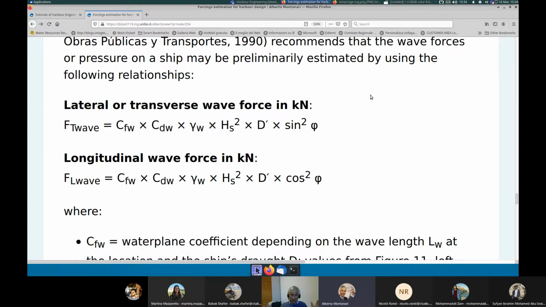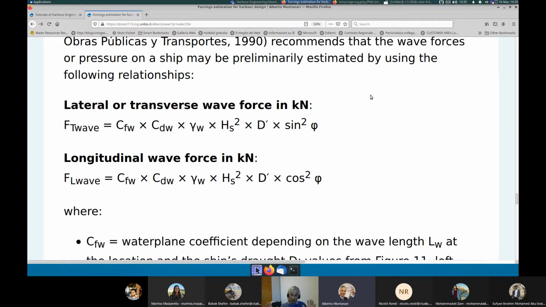These two forces, the transversal one and the longitudinal one, are applied in the center of gravity of the transversal and longitudinal area of the ship. Or we may say that the result of the composition of these two forces, because we said that the wave forcing is reduced to only one force, which is split in these two directions.